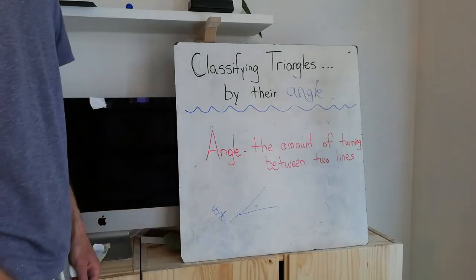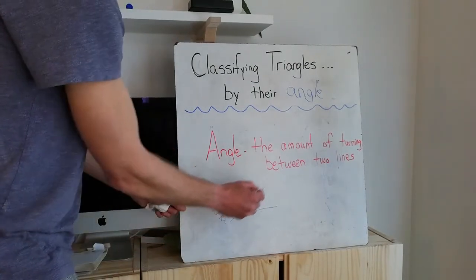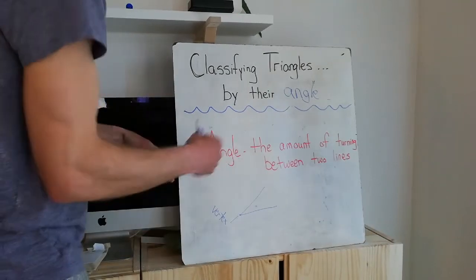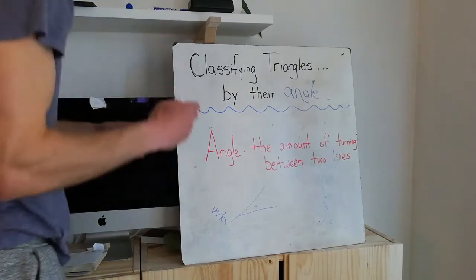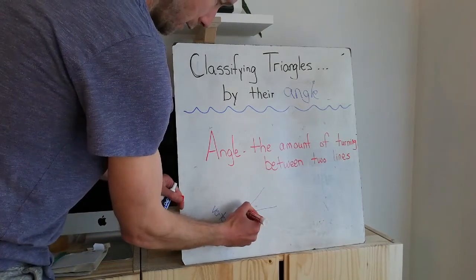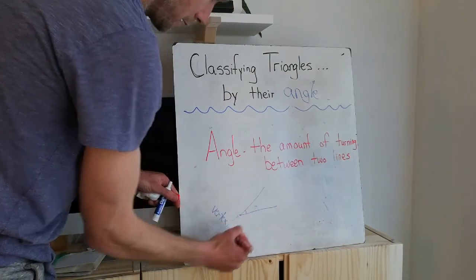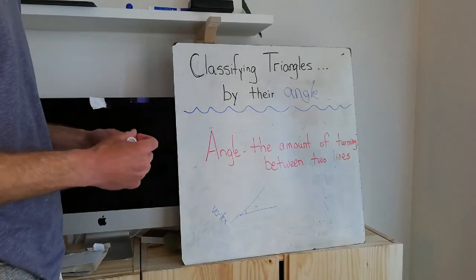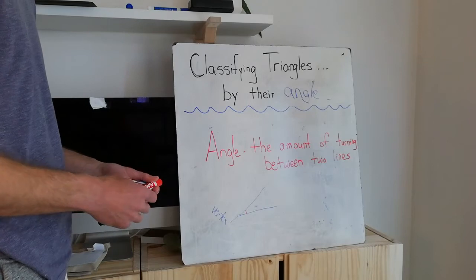Now, the amount of turning between two lines, the space between them, sometimes you'll see a little half circle in between them. That little space there is known as the angle between those two lines.